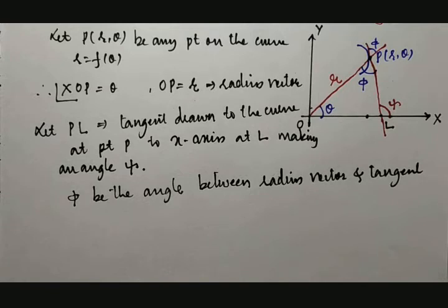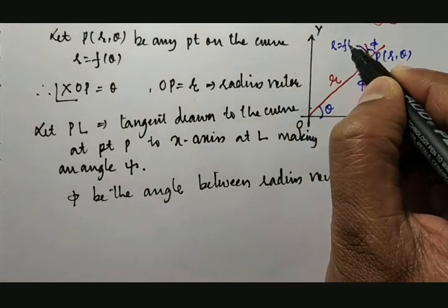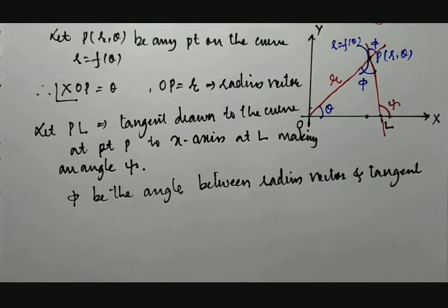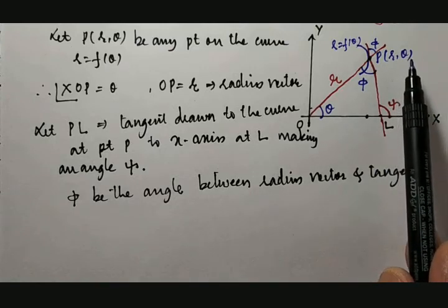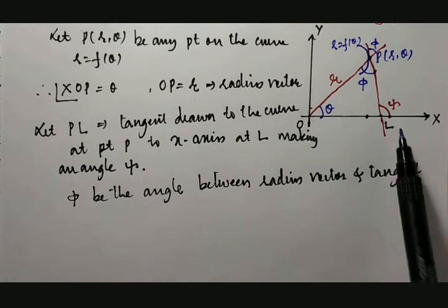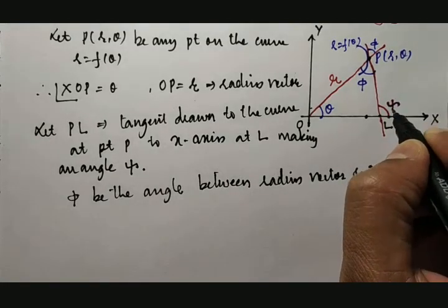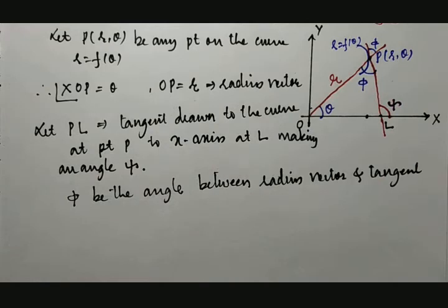Therefore, from this entire figure, this curve we have drawn is r is equal to f of theta, and we have the radius vector, and a point with r and theta, and we have an exterior angle known as psi. This is psi and theta, and the angle between radius vector and tangent is phi.